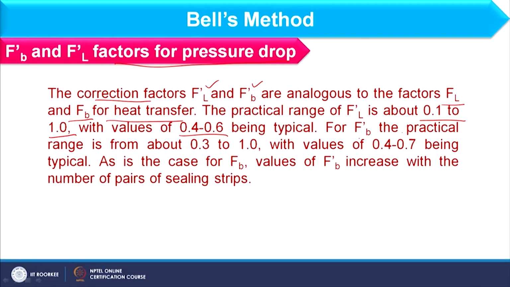For FB dash, the practical range varies from 0.3 to 1, however we can consider 0.4 to 0.7 as the recommended value. As is the case for FB, values of FB dash increase with the number of pairs of sealing strips. Whatever sealing strips you have fixed in heat transfer coefficient calculation, the same you have to use here, and these sealing strips are even in number because they are considered in pairs.